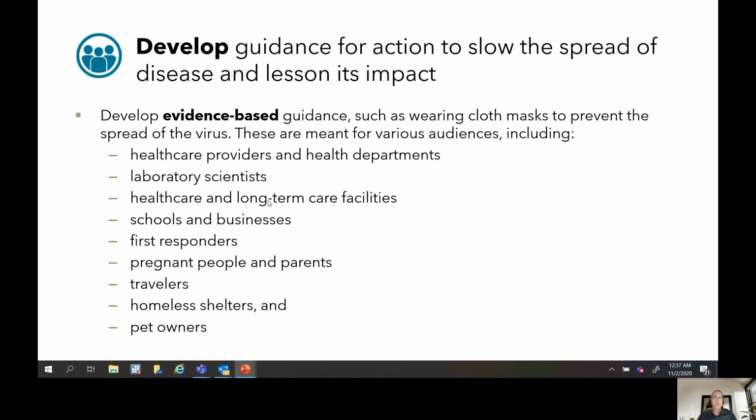And then the messaging has to be segmented across these different populations, and the content has to be customized to these different populations as well, and often delivered in a way that's going to be seen as truthful.